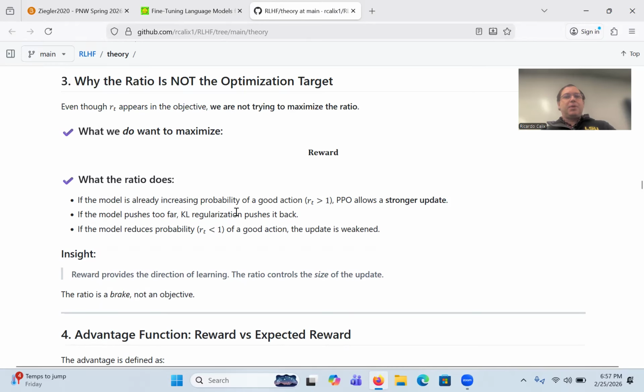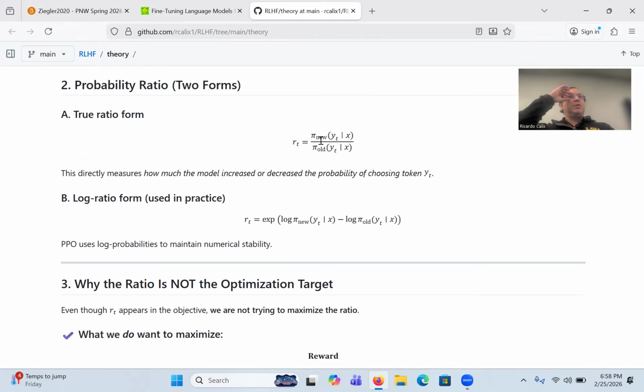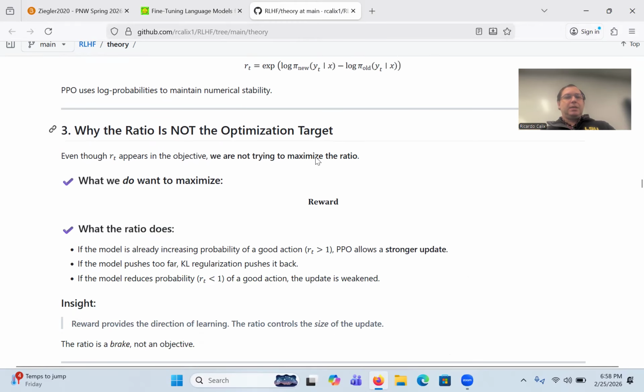So if the probability of predicting that word given the input is very high now, then this would be 1.3. And if it's 1.3, that's too much. So then it gets clipped to 1.2, which is the clipping effect that keeps it between 1.2 and 0.8, I think.